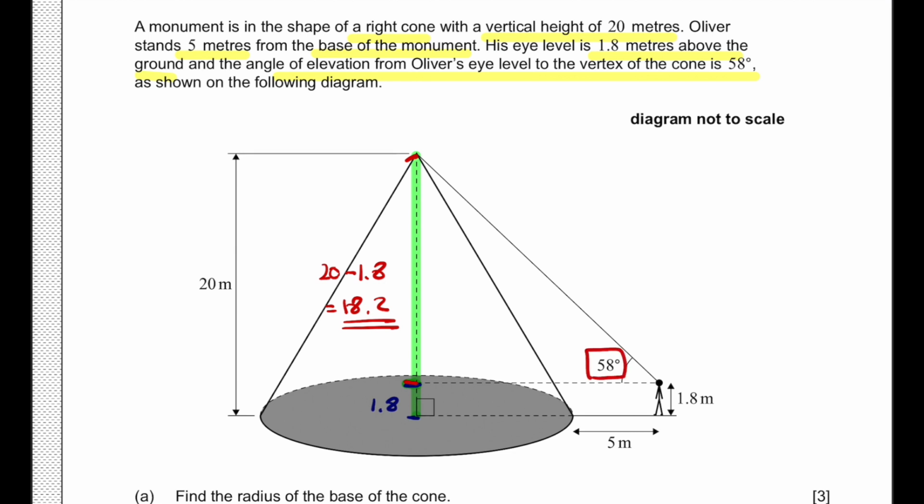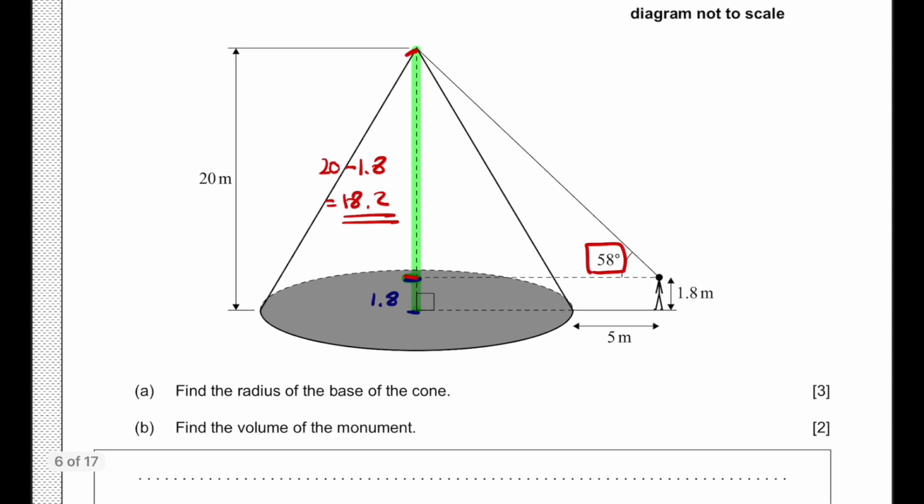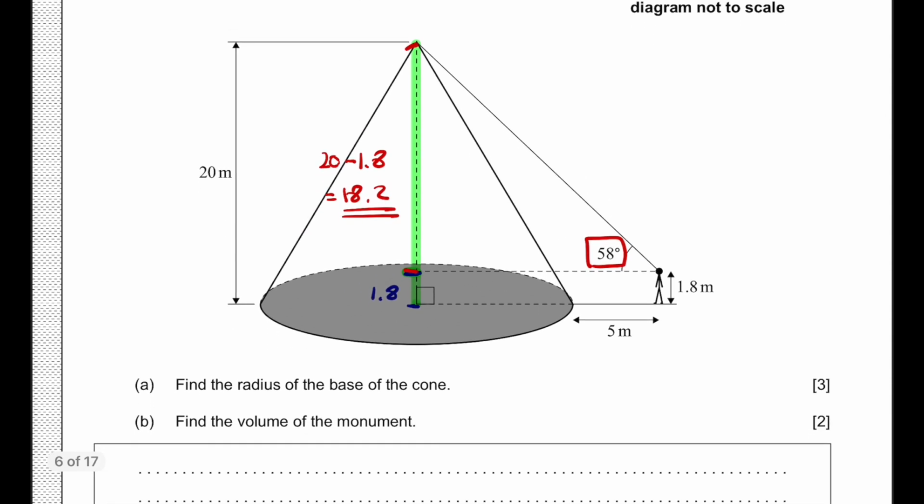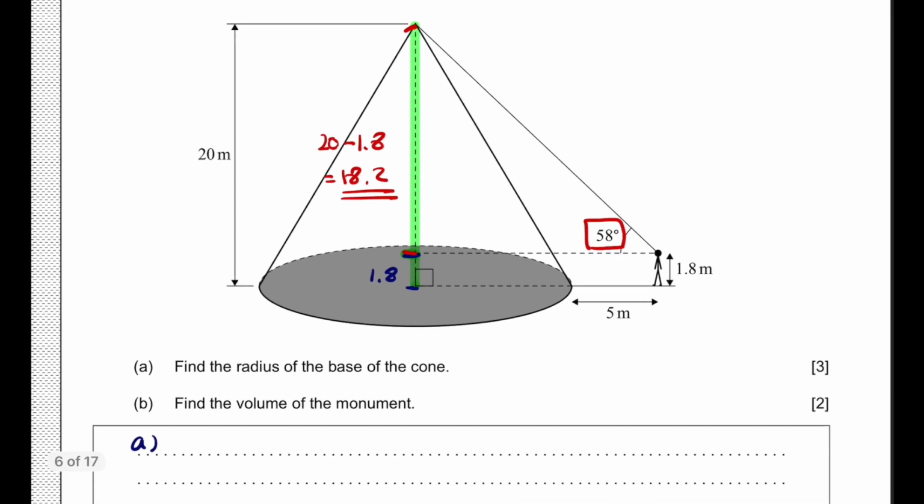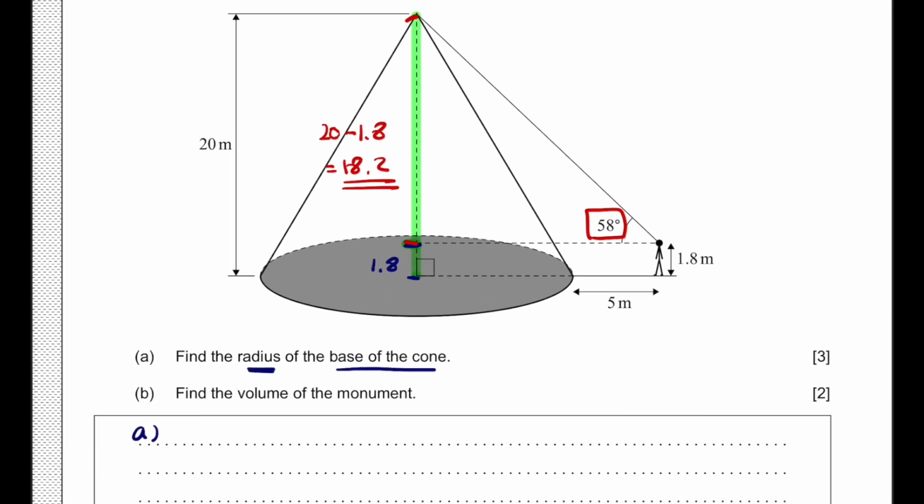Then using this information, let's start with question A. In question A, we need to find the radius of the base of the cone, so we need to find the radius here. We know that the distance from the center to Oliver is the radius plus 5, which is also the length of this line here.